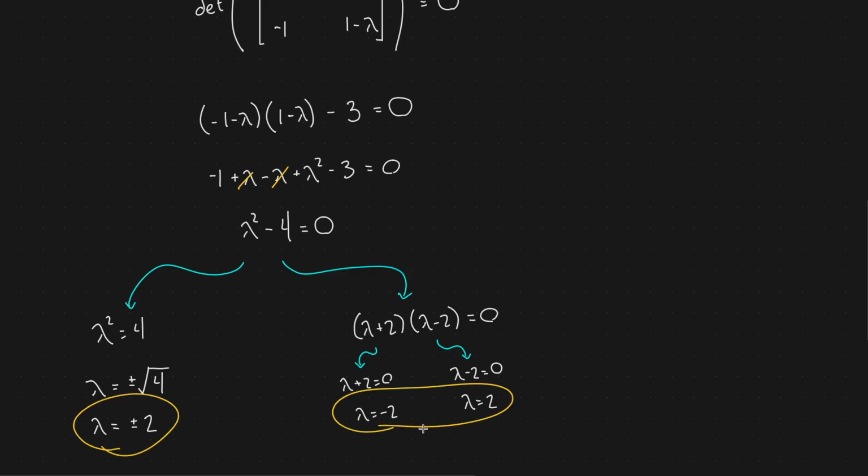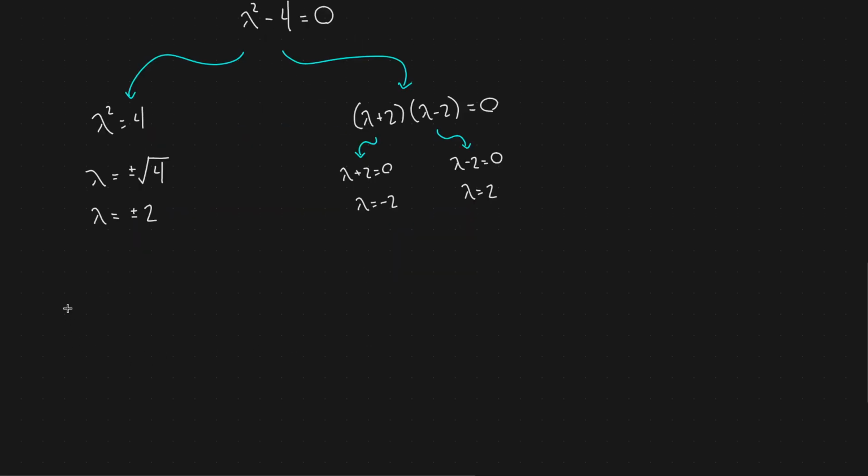Both methods give me the same answer, right? The two eigenvalues of this matrix are +2 and -2. So eigenvalues of A are lambda equals 2 and -2.